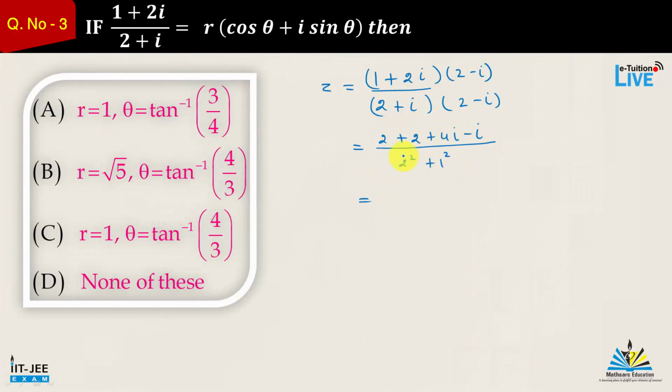Earlier we have learned about this, that is 4 plus 3 iota by 5. So that is the complex number z.